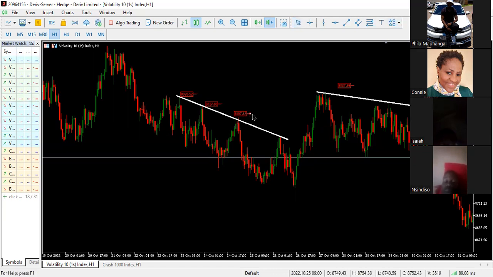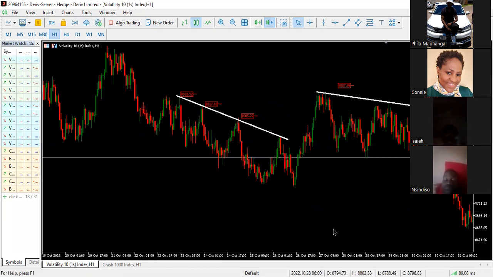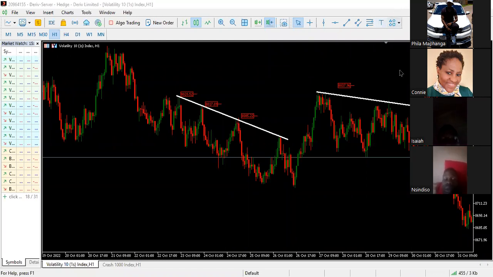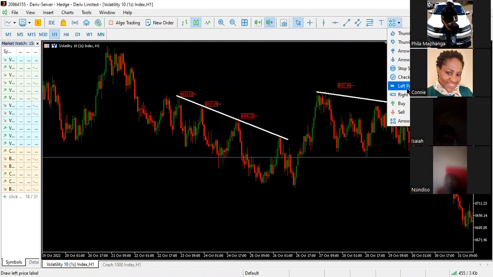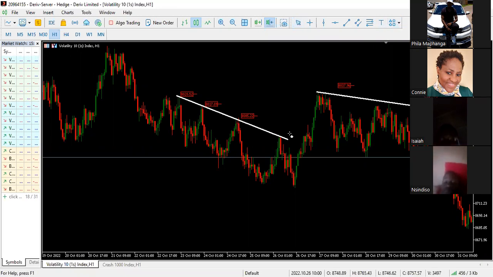This is our third time. So now you took this trade here, then you exit below. And then this is the second time you trade using trend lines.